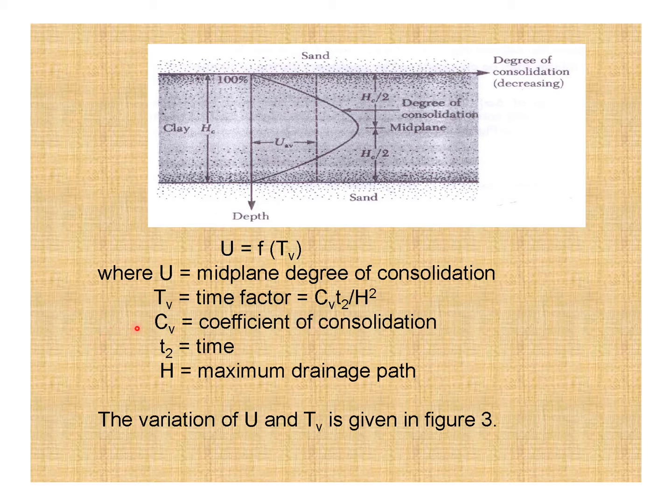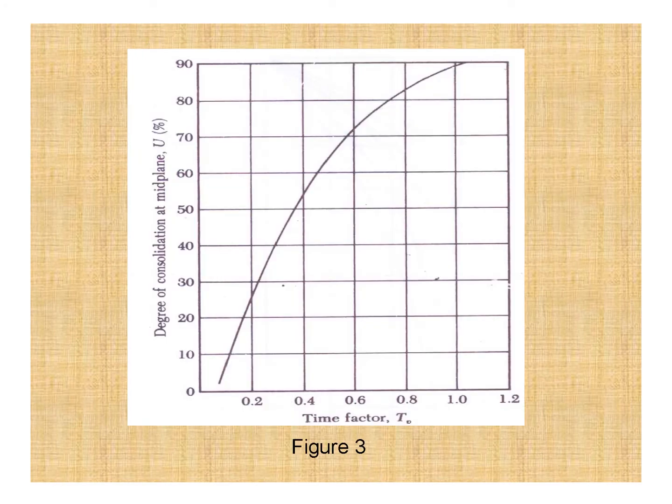CV is the coefficient of consolidation, t2 is the time, and H is the maximum drainage path. The variation of U and TV is given in figure 3. So this is figure 3. You can see the variation of degree of consolidation with the time factor T sub V.